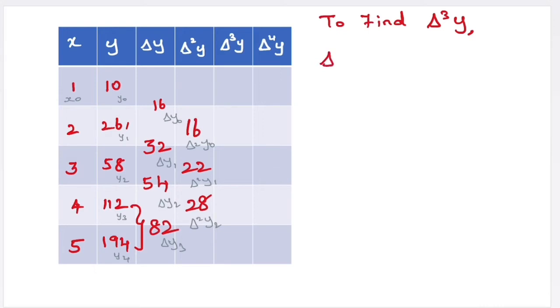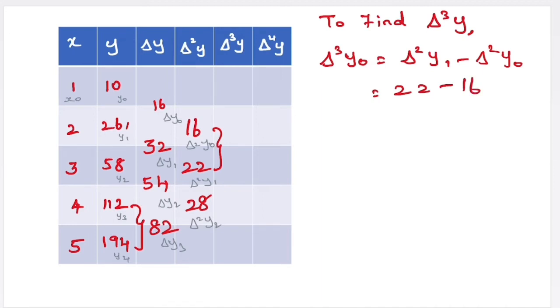Then to find del cube y. First value, del cube y naught is equal to del square y1 minus del square y naught. That is the difference, 22 minus 16, which is equal to 6. Similarly, del cube y1 is equal to del square y2 minus del square y1.